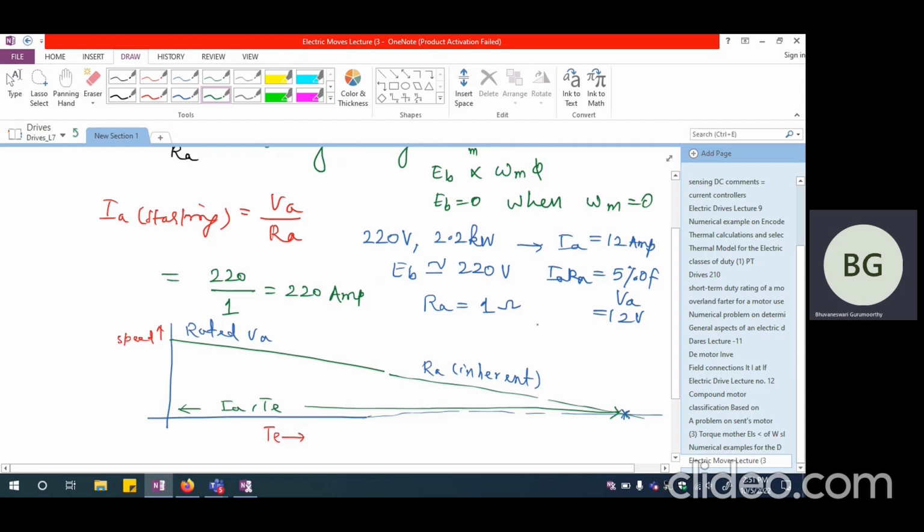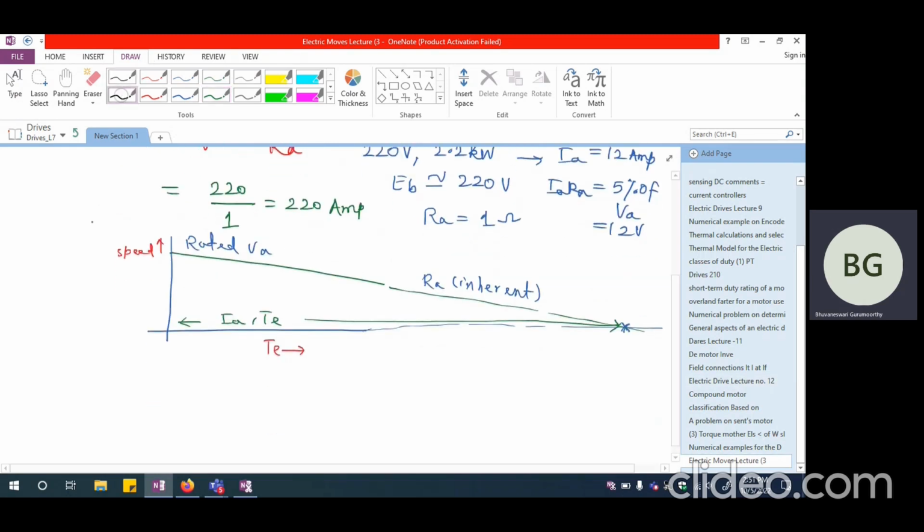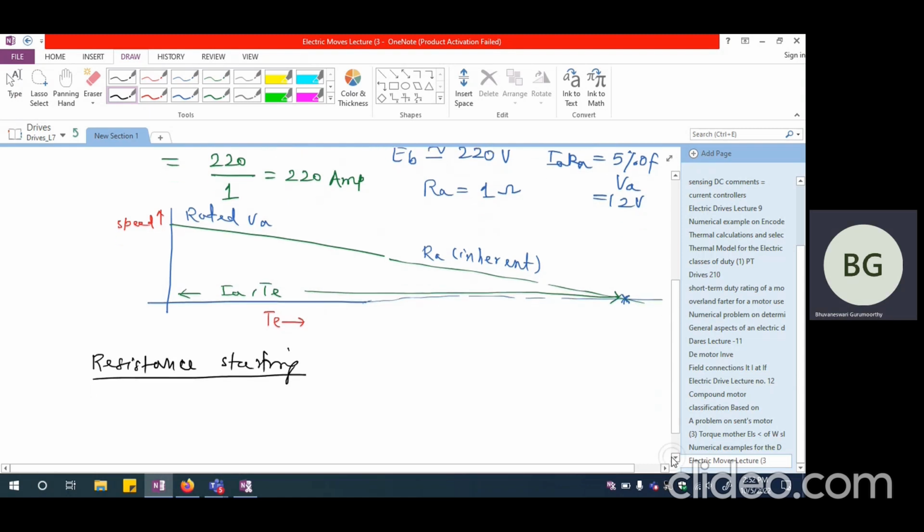That is the reason why generally we adopt something called resistance starting. One of the starting methods for a DC motor drive is resistance starting. What do we mean by resistance starting?